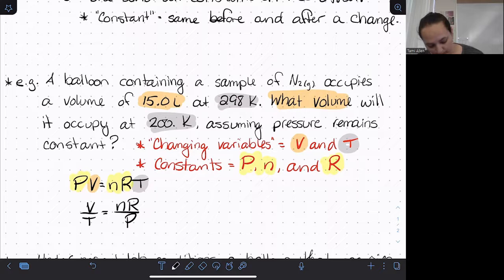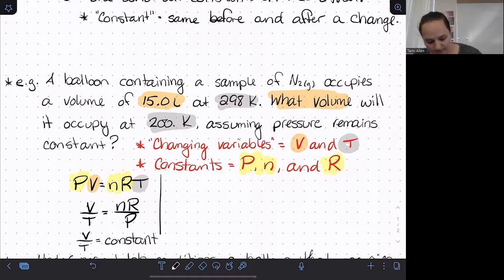But because n, R, and P are all constants in this situation, what that is telling us is that the volume divided by the temperature is equal to a constant.